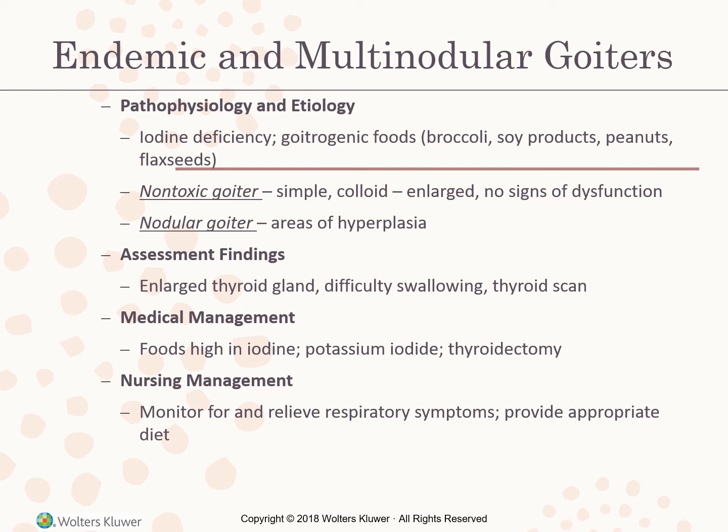A non-toxic goiter, also called simple or colloid goiter, is an enlarged thyroid, usually with no symptoms of thyroid dysfunction. This gland may enlarge as a result of consuming excessive goitrogenic foods such as gluten, soy products, and cruciferous vegetables such as broccoli and Brussels sprouts, peanuts, pine nuts, and flaxseed, or even taking certain drugs such as lithium that may cause hyperplasia of the gland.